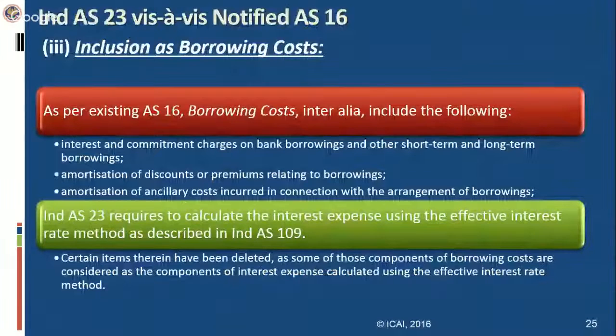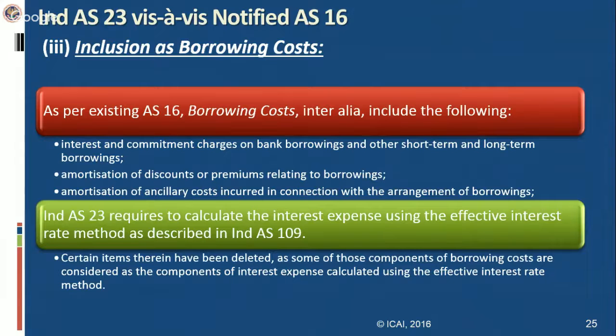Now come to the third point, inclusion as borrowing cost. What does borrowing cost include as per existing AS 16? This is just a revision of the definition of borrowing cost as given under existing AS 16. Interest and commitment charges on bank borrowings and other short-term and long-term borrowings.